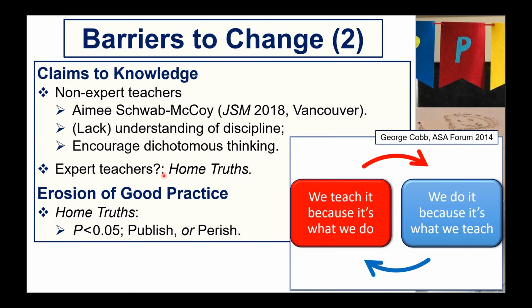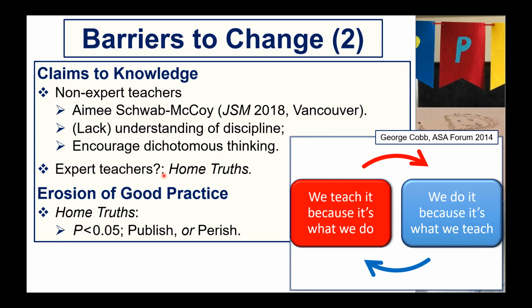Erosion of good practice, this I see happens an awful lot, particularly at the postgraduate level where they're going to have to start doing some sort of hypothesis testing themselves. Home truth here is, I believe I deliver good practice in my lectures, and I hope I'm not being too arrogant there.